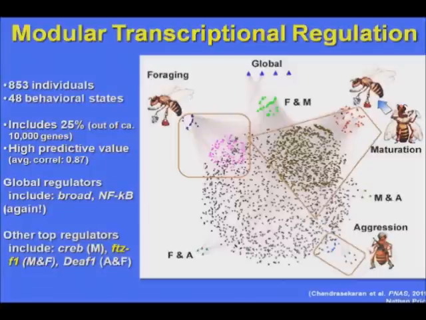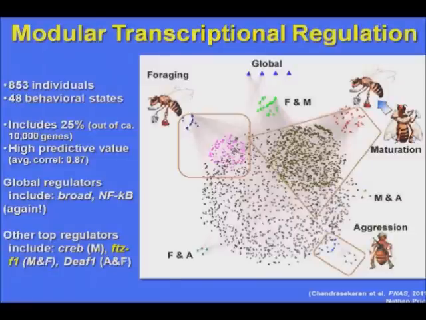We found a sort of mosaic pattern of regulation. We found 4 transcription factors that are what we call globally active. And by that I mean they were able to predict brain gene expression across the 3 different categories of behavior: foraging, behavioral maturation, and aggression. We also found some behavior-specific transcription factors.